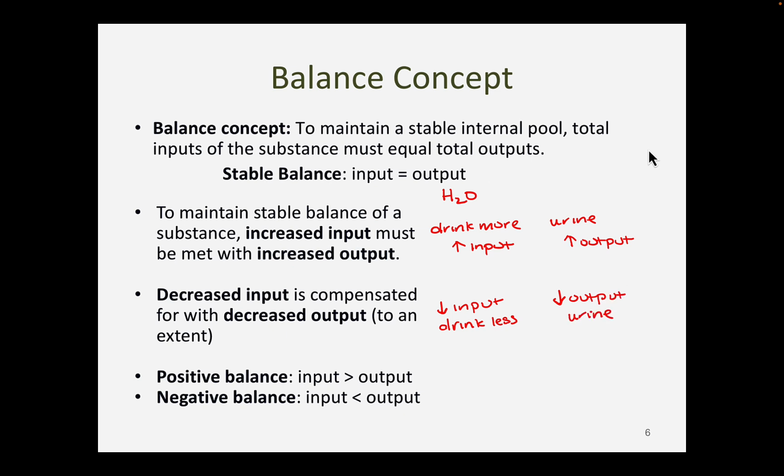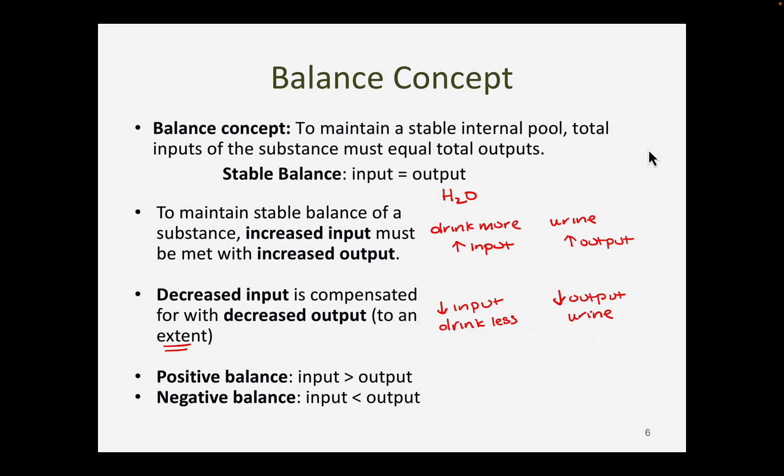Now for this one, I said to an extent. So an important note here is that when it comes to increased input, our body is pretty good at getting rid of excess. I can drink quite a bit of water and my body fairly easily gets rid of it in urine and sweat and other things. But if I decrease my input, my body can compensate a bit.